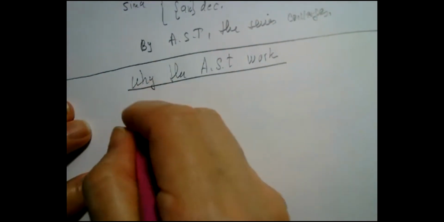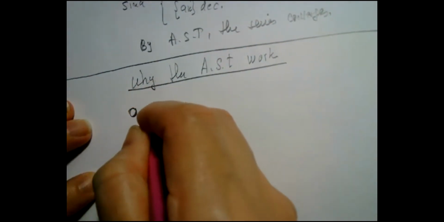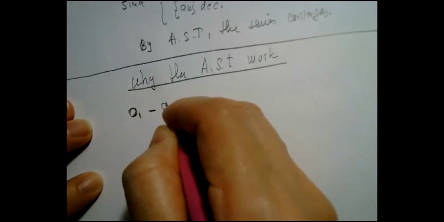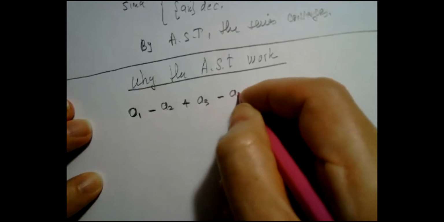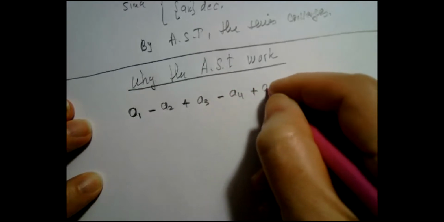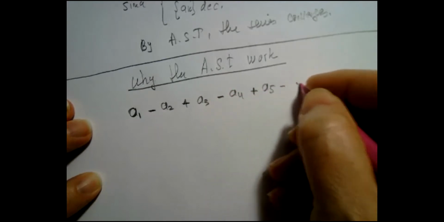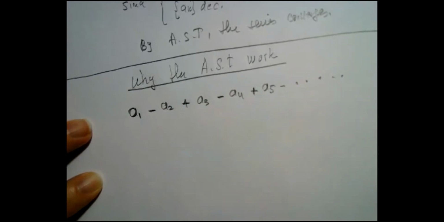We have this sum: it's a1, you're taking away a2, you're adding a3, you're taking away a4, you're adding a5, and so on and so forth. That's the type of sum.